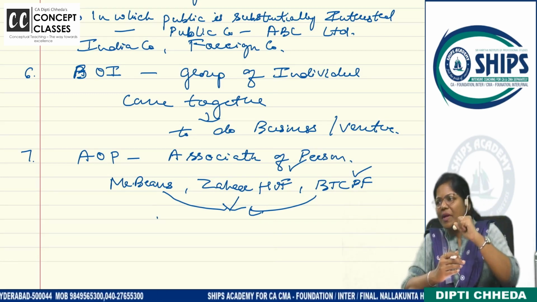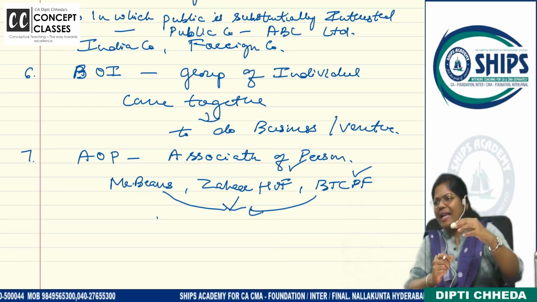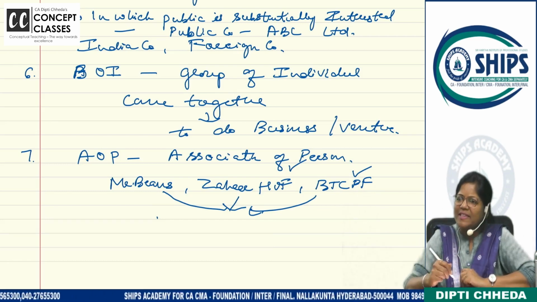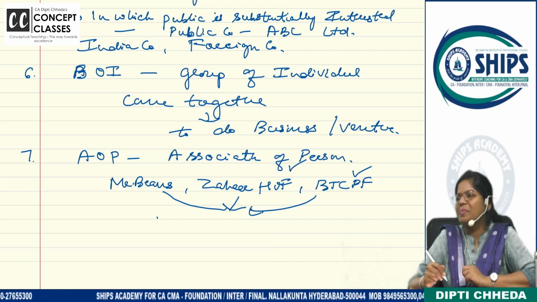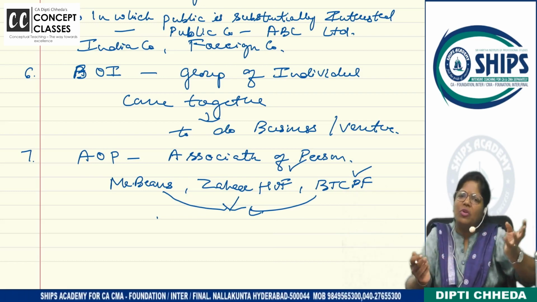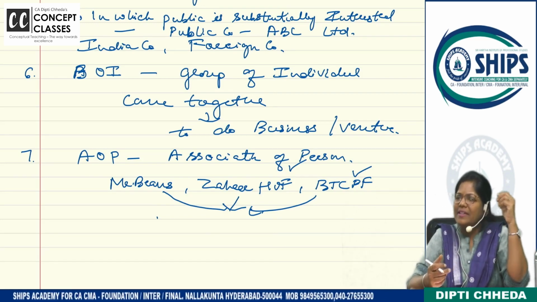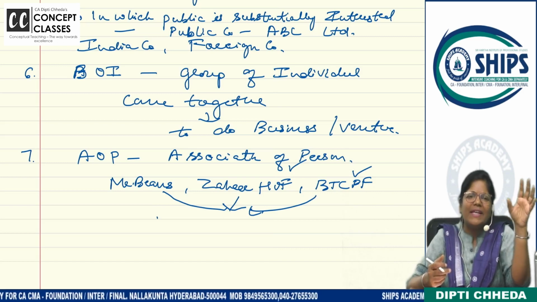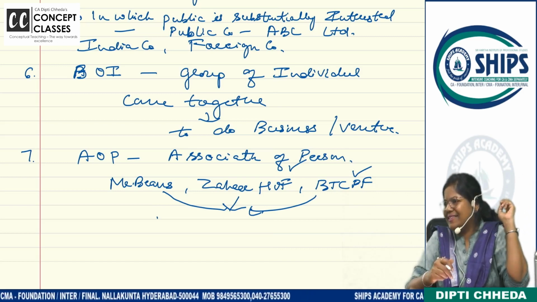But if one is HUF, one is partnership firm, one is LLP, one is individual, they come together and work, then it is called as what? Association of person. And generally no one will make AOP by themselves, saying let's make an AOP, that doesn't happen. Department is forcing, you are taxed as AOP when you are co-legates, co-trustees, like that.